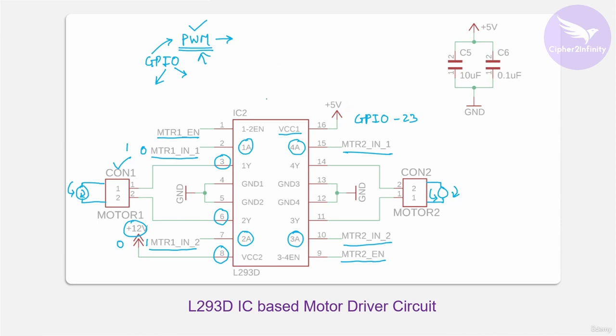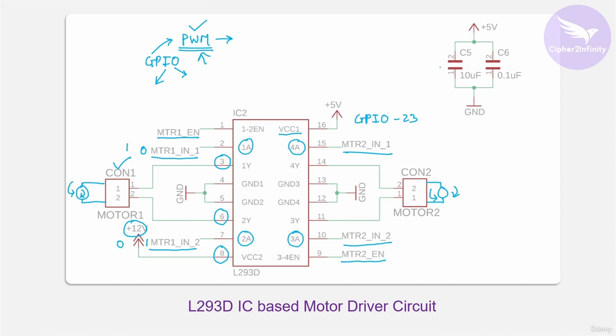Even if you use a general purpose pin which does not support the PWM feature, you can still use that pin. In that case, you won't be able to control the speed of the motor. That's the only point. But if you are using a pin which supports the PWM feature, then you will be able to control the speed of the motor. So that's all about the circuitry of L293D.